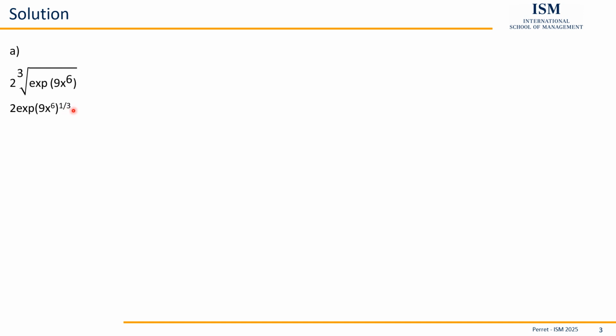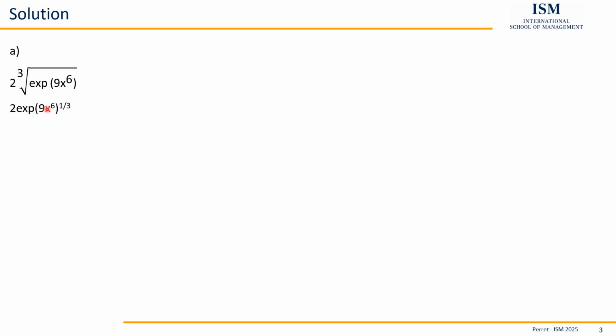And there I have a rule for this, that I could interpret this similarly to this times whatever is here in this power. So the rule is, if I have x to the power of a in parentheses to the power of b, I could also write it as x to the power of a times b. So I can pull this 1/3 into the exponential function.